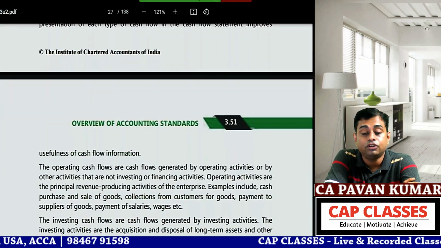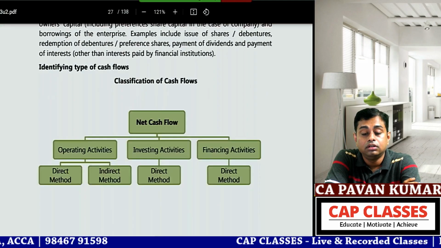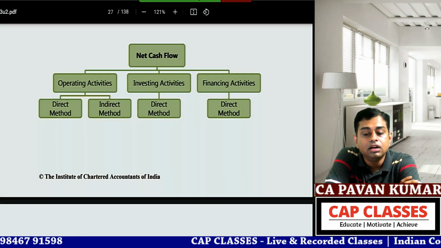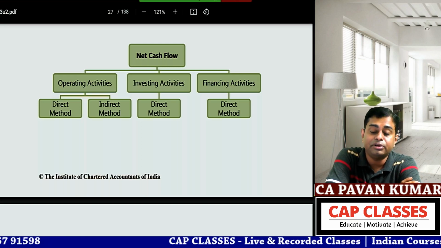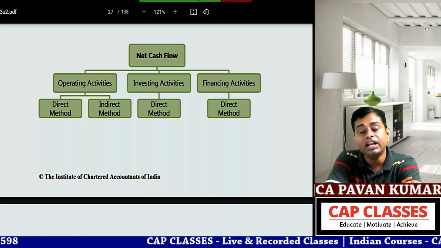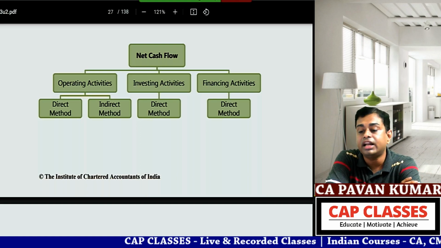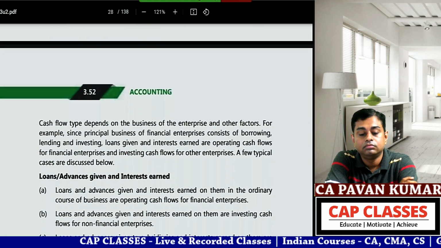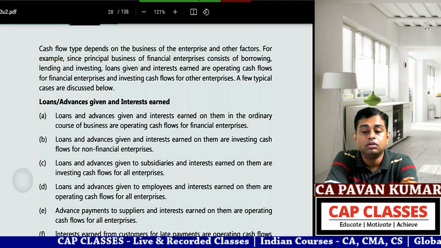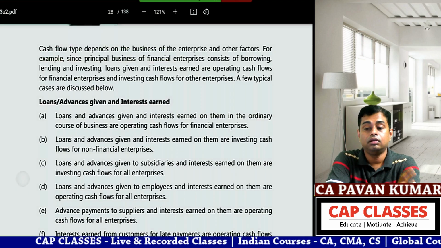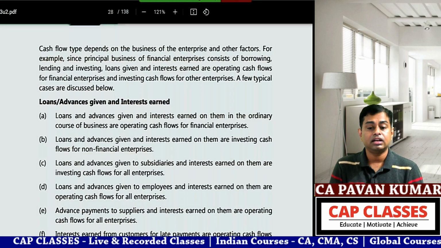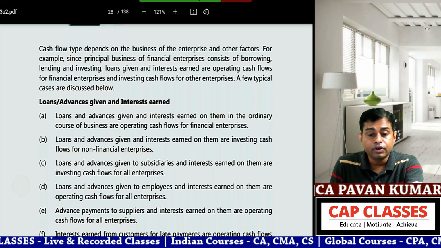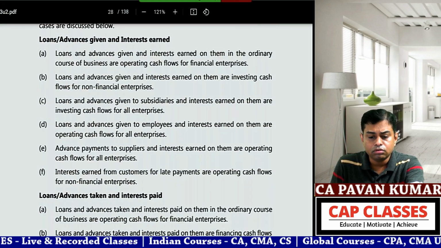Types of cash flows. Okay. So did we read this? Operating activity, direct method, indirect method, investing activity, only direct method, financing activity is also only direct method. Congratulations to you. Now, what is cash flow from cash flow.